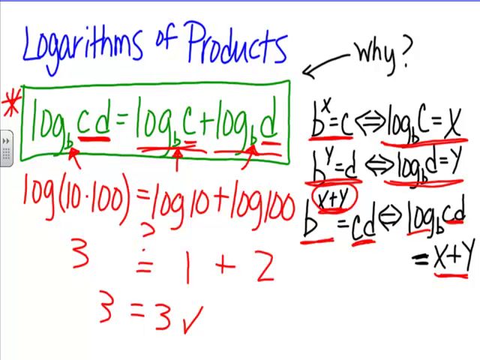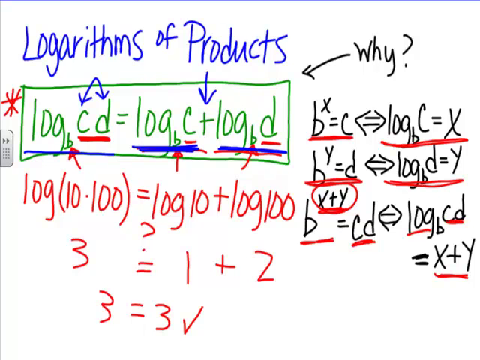So just to say it one more time, the log of a product, as in two things that are being multiplied, is the sum of the logs of the factors. The sum of the logs of the factors. Plain and simple. It comes in handy when we're pulling things apart.